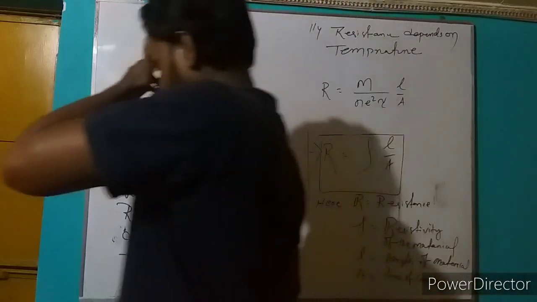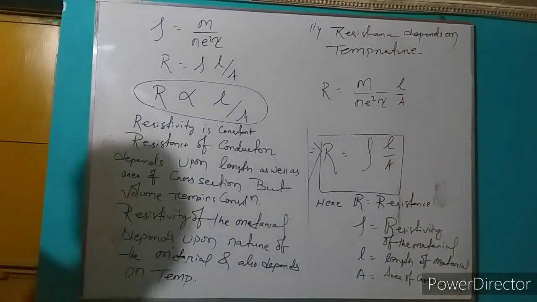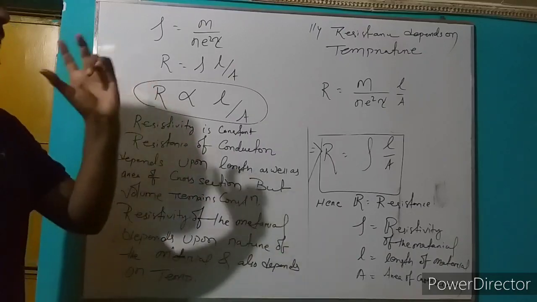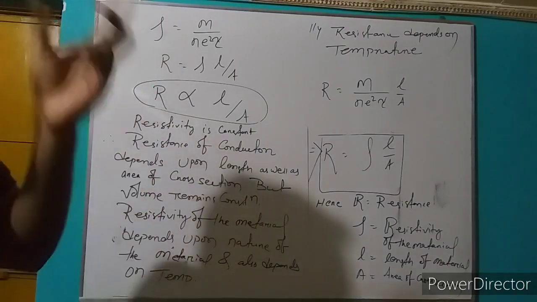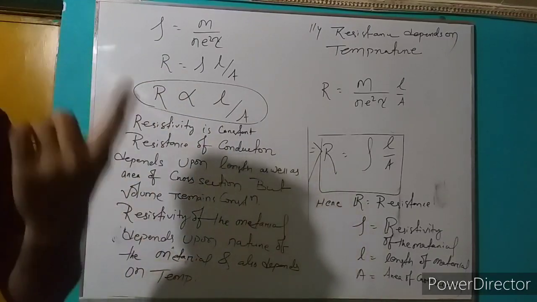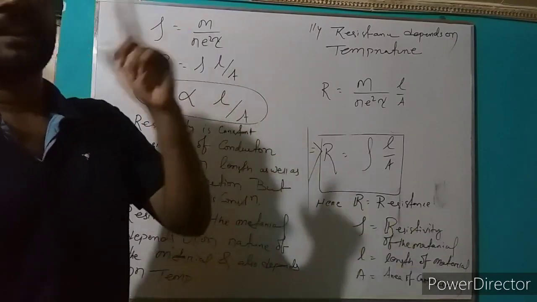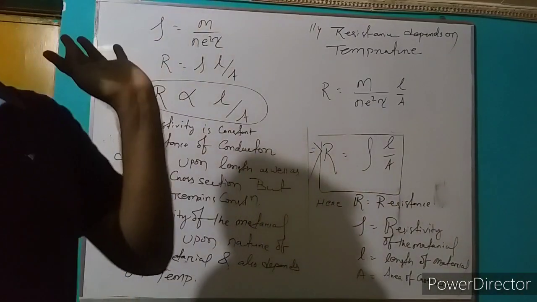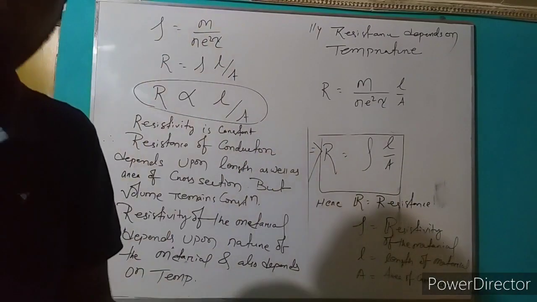Please note it. But you have to remember that resistivity of the material remains constant. It depends upon the nature of the material as well as temperature. But resistance depends upon the length of the conductor, area of cross section, and temperature, that means at a given temperature.